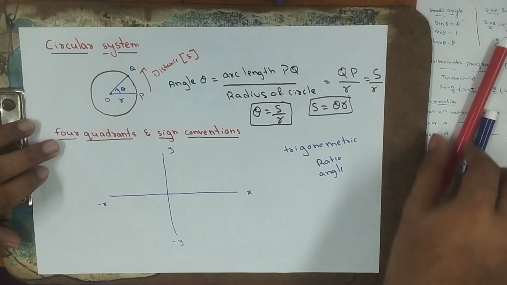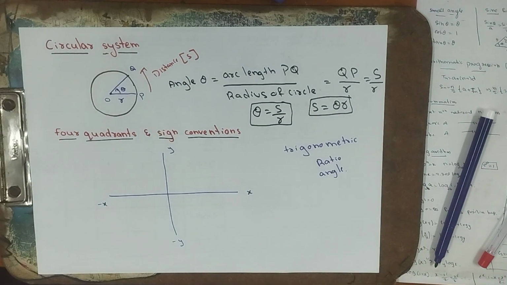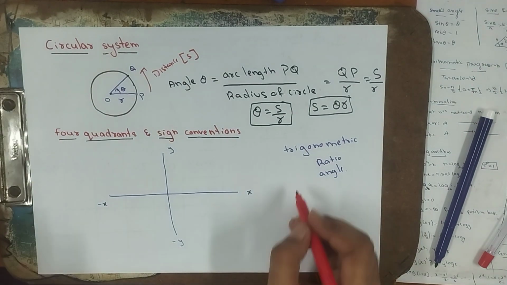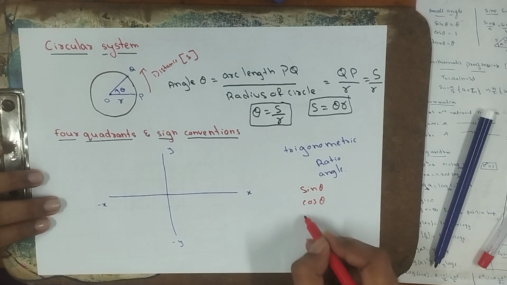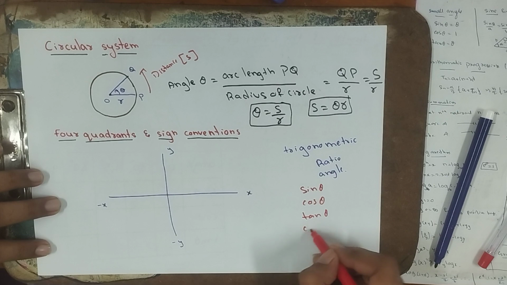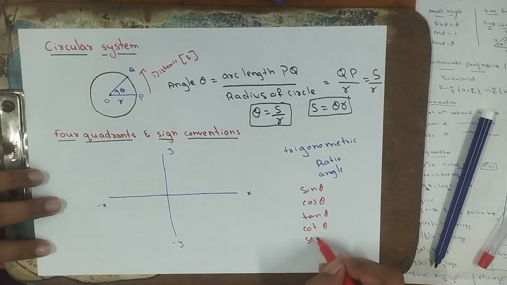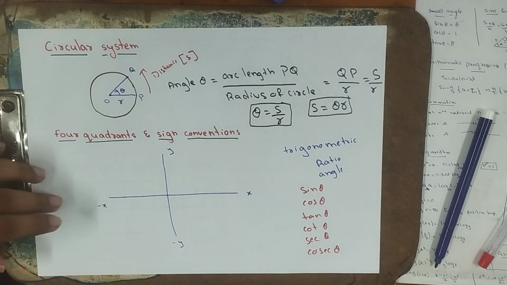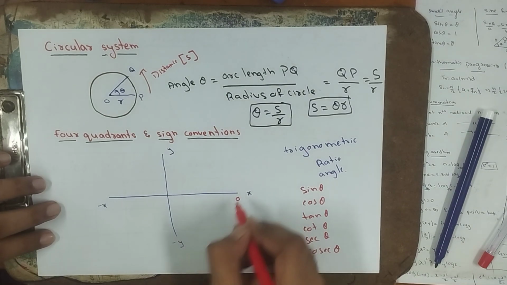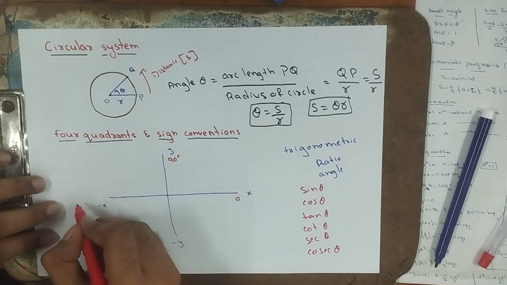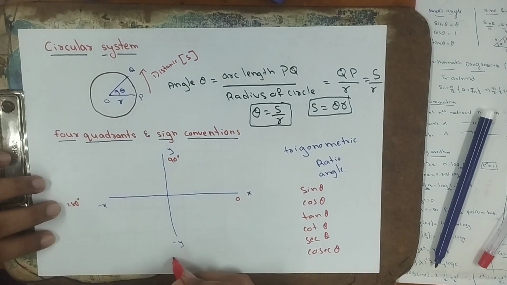Now see here, whenever your sin theta, cos theta, tan theta, cot theta, sec theta, cosec theta is there, let me write here 0 degree, 90 degree, 180 degree, 270 degree. Now I will explain you very clearly.